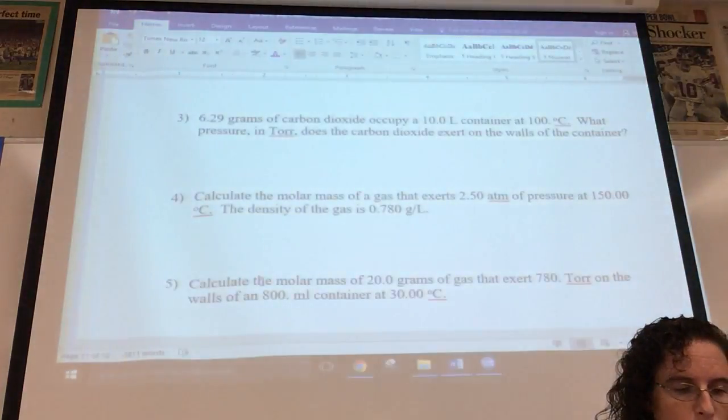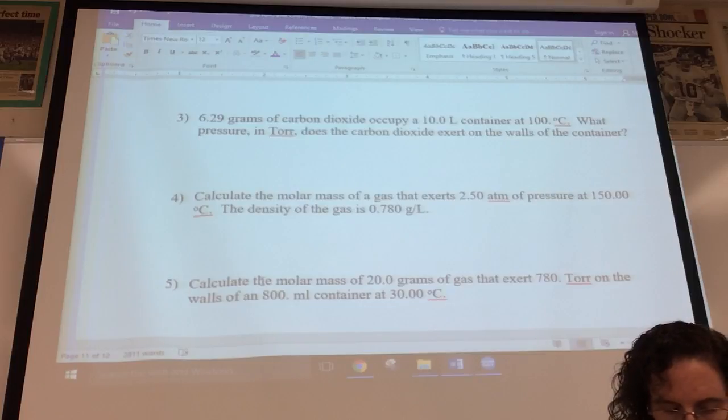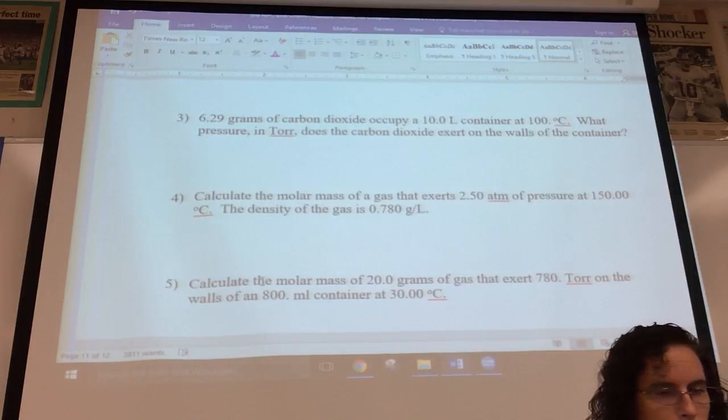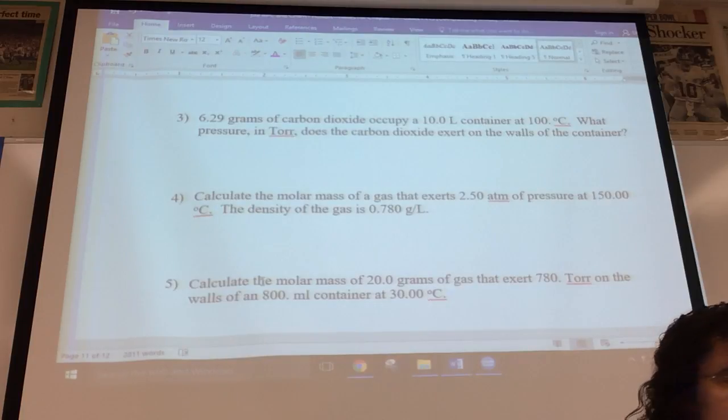The next thing we want to talk about: we have PV equals nRT, that's the ideal gas law.